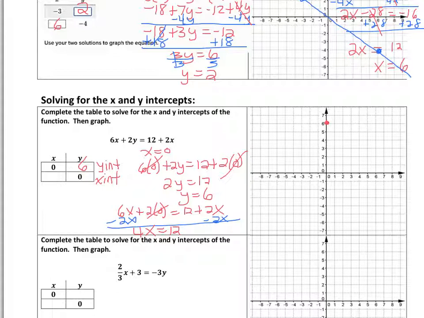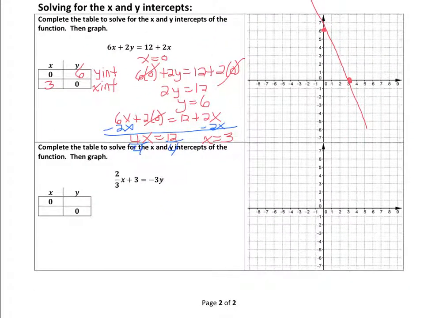Divide both sides by 4. And x equals 3. So here when y equals 0, x equals 3. X equals 3 is right here. And I take my ruler and I make a nice straight line. So hopefully you can see that using these zeros is really much simpler.